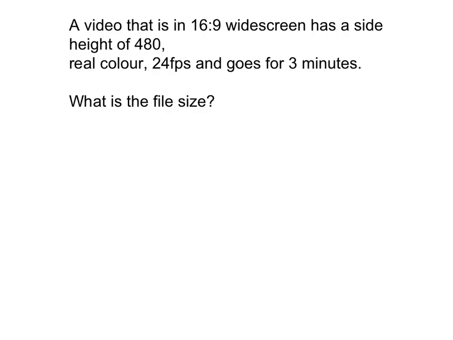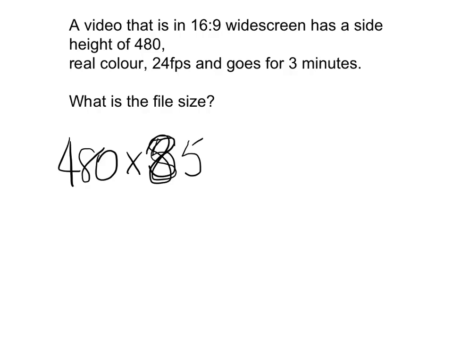So let's look back at our original problem again. We know that the height is 480. The width, I just had to go back and check that, is 853. So that's the resolution of one frame.